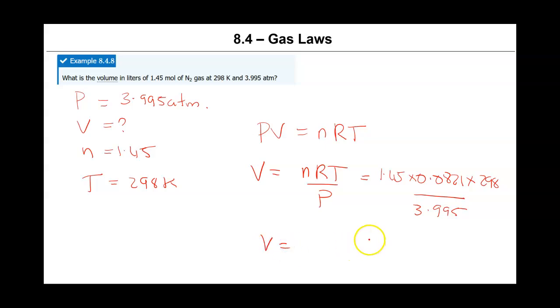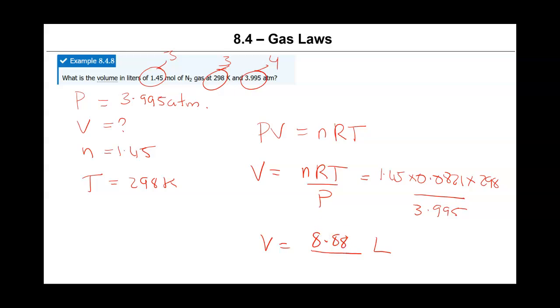So our volume, and the ideal gas law always returns liters, will end up being 1.45 times R, which is 0.0821, times 298, divide 3.995, and our volume is, to 3 significant figures, because 3 is our smallest number of sig figs here, 8.88 liters.